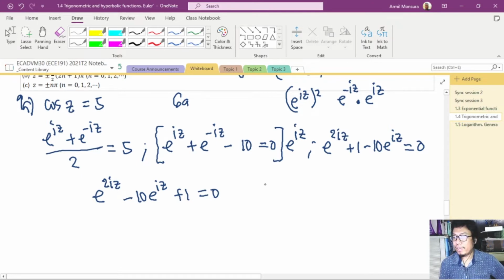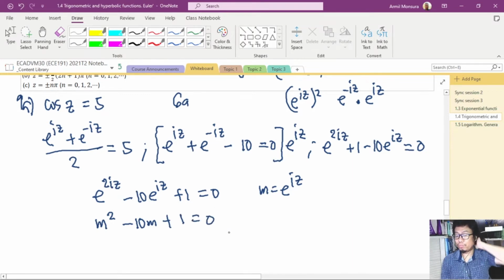For example, if you let m equal e raised to iz, this equation becomes m squared minus 10m plus 1 equals 0, which can now be solved using the methods we use to solve quadratic equations.